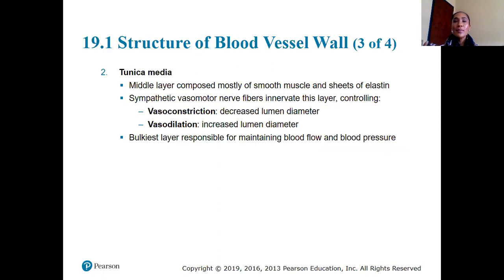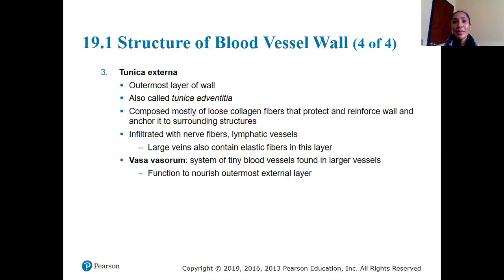And it makes sense because if this is a layer that is consisting of smooth muscle, this is also the layer that's going to either constrict or dilate, then it would make sense that it's going to be in control of blood flow and blood pressure, because we know that blood pressure and blood flow will be directly affected by vasoconstriction, vasodilation.